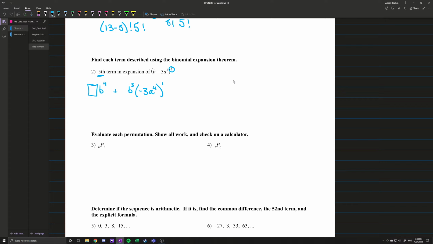So for our fourth term, we're going to have, actually, I'll just do this so we see it. Plus b squared, negative 3a to the fourth squared, and then plus b times negative 3a to the fourth cubed. And again, there are constants out in front of each of these. And those constants are going to be, so we have 5, we want the fifth term.